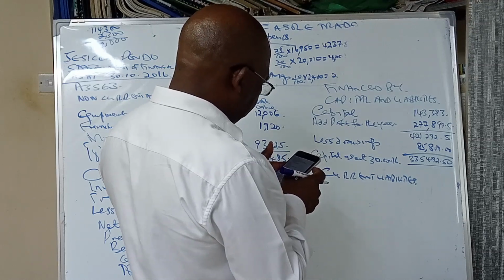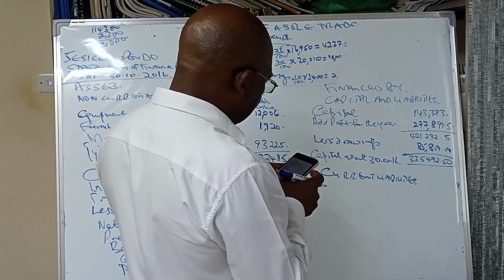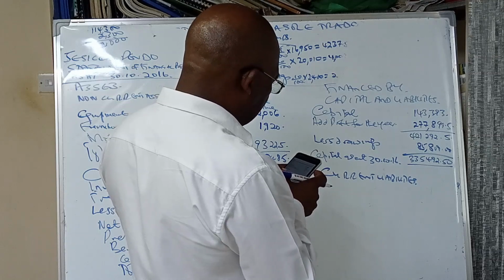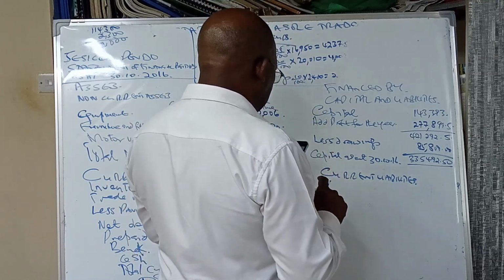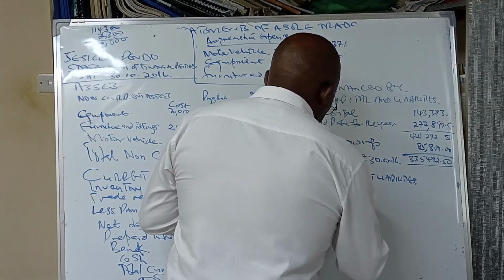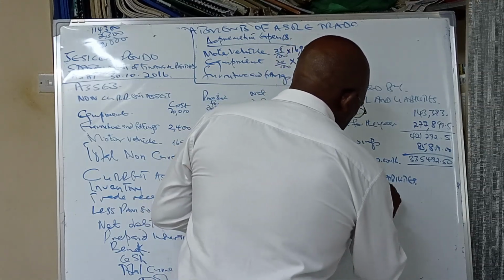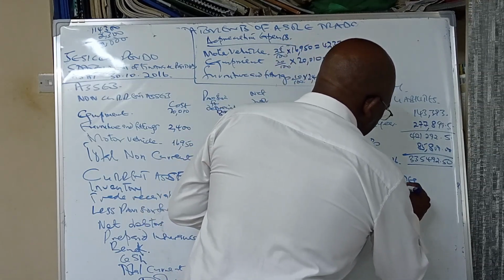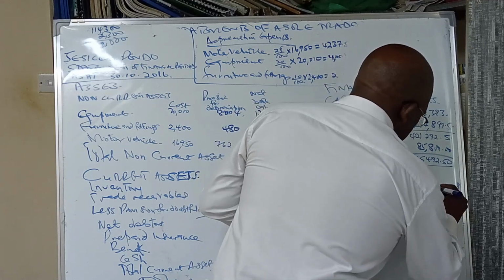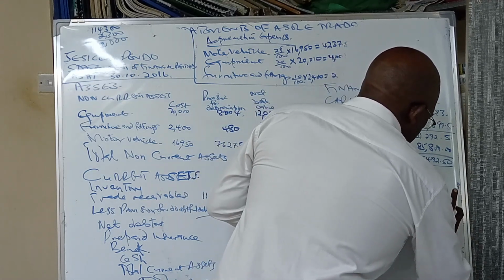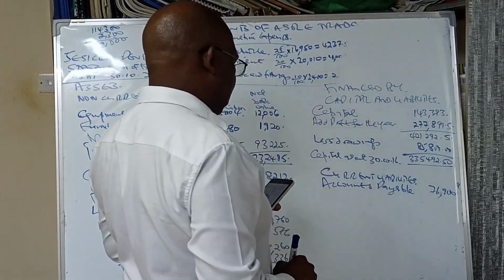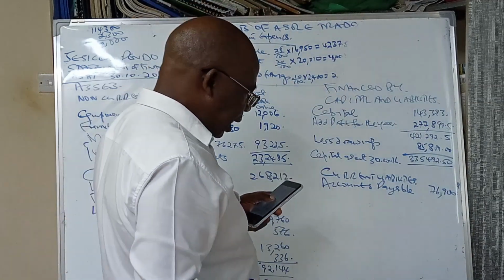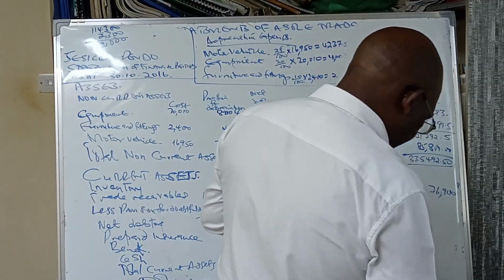For trade payables, we said accounts receivables and accounts payables. So our accounts payable from the trial balance is 76,900. Now you add other payables.